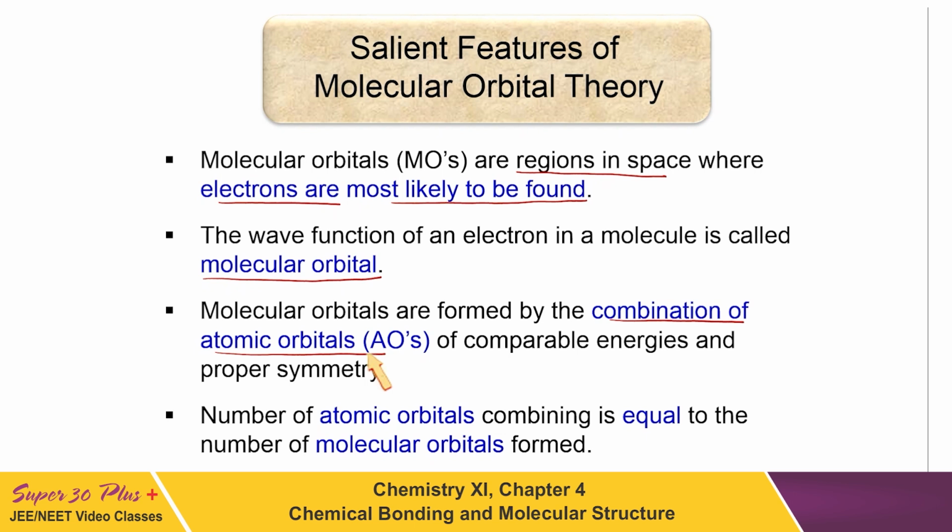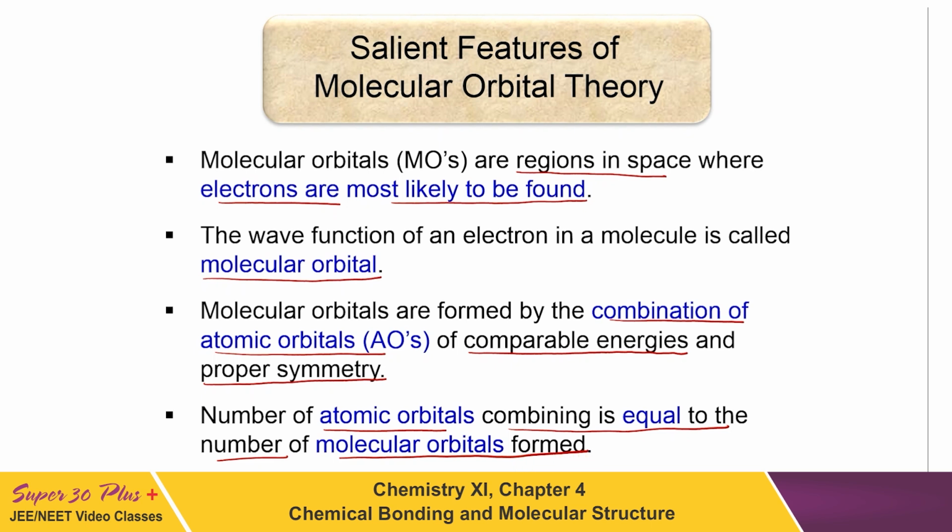But it is not the case that any atomic orbitals overlap. Only those atomic orbitals whose energies are comparable and which have proper symmetry, meaning orientation, combine linearly and form MOs. Like in hybridization, where the number of hybrid orbitals formed equals the number of orbitals combined, the number of atomic orbitals combining is equal to the number of molecular orbitals formed.